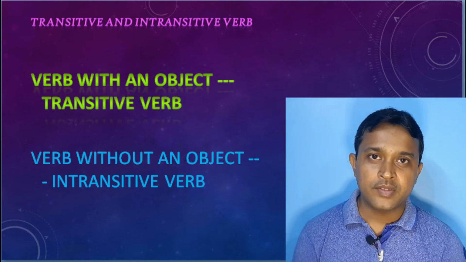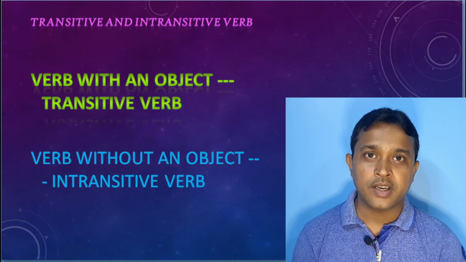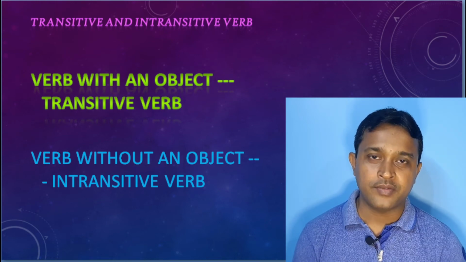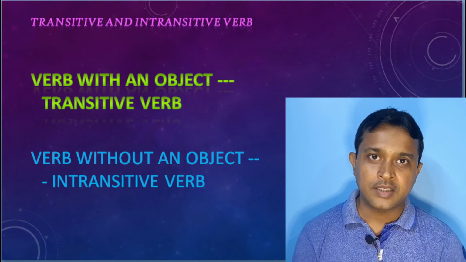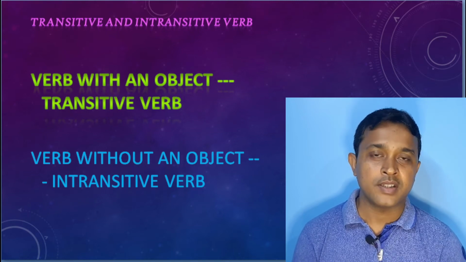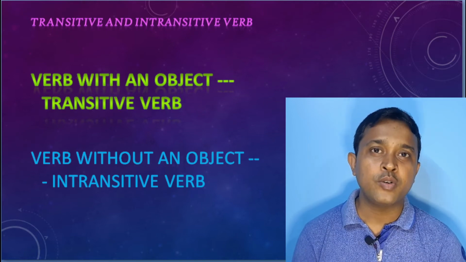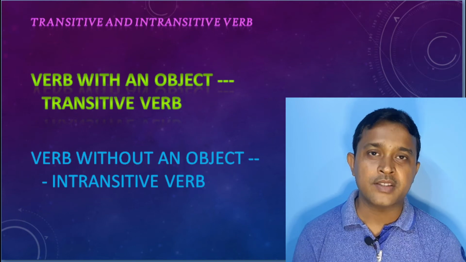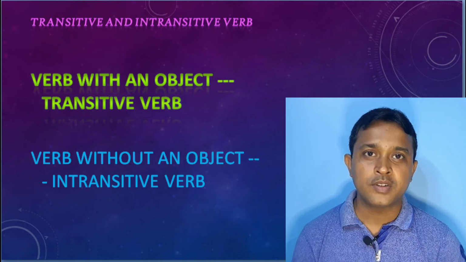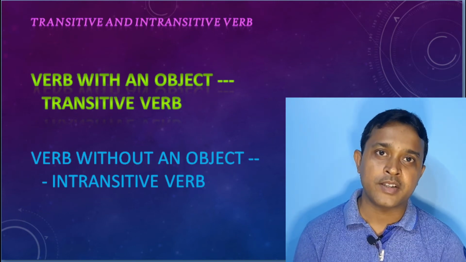So if there is an object after the verb to receive the action, the verb is called a transitive verb. But if there is no object in the sentence, the verb would be called an intransitive one.